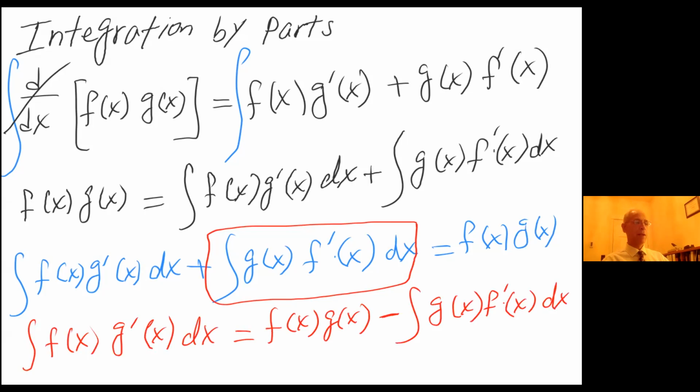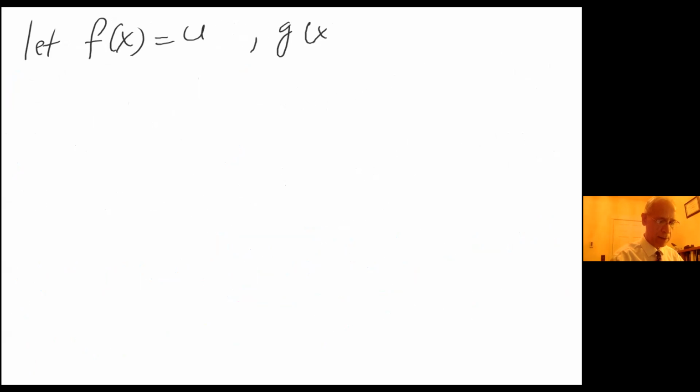Okay. And so to make this just a little simpler, we are going to let f of x equal u. So let's let f of x equal u, and let g of x equal to, say, v.